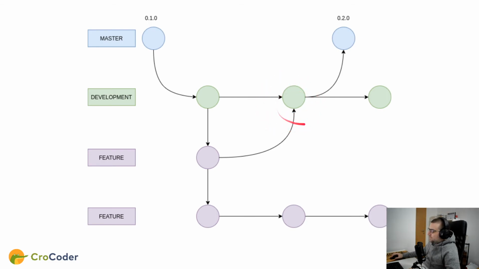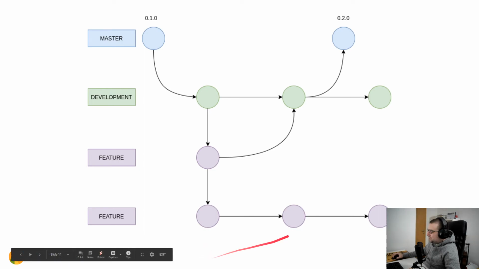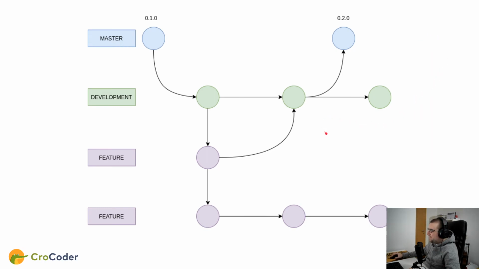We need to fix something, but we really want to deploy some version of it, or at least continue developing on development, or some new feature needed for 0.3.0 is done and we want to push it, and there are some problems in there. So we need to put some buffer between master and development, so it is easier to control, and that's called the release branch.